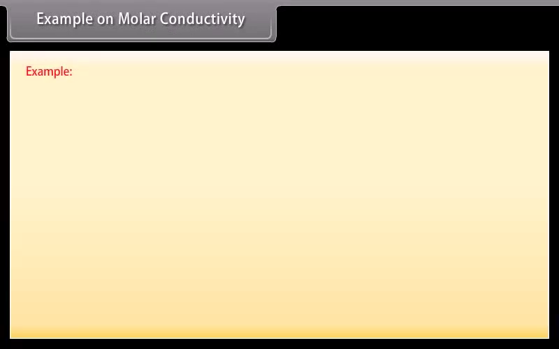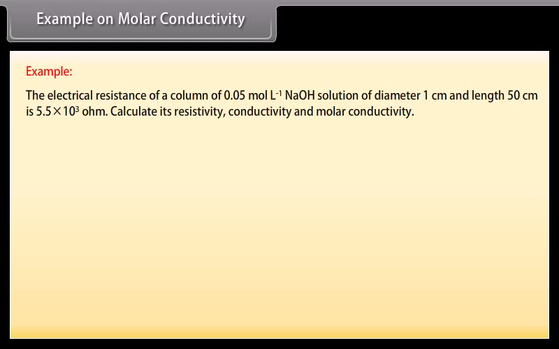Example on molar conductivity. Let's take an example of molar conductivity. The electrical resistance of a column of 0.05 mole per liter NaOH solution of diameter 1 centimeter and length 50 centimeter is 5.5 into 10 raised to the power 3 ohm.